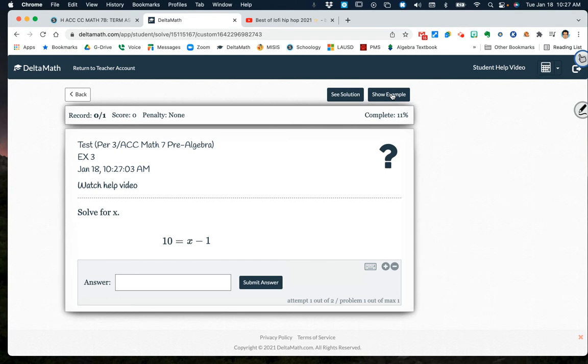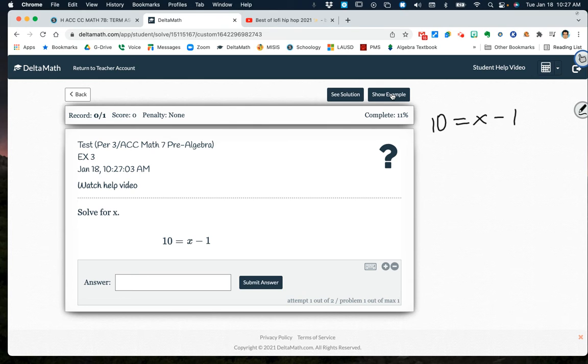All right, here we have another one. 10 equals x, take away 1. Okay, let's go ahead and solve. This one's a subtraction equation. How do I undo the subtraction?